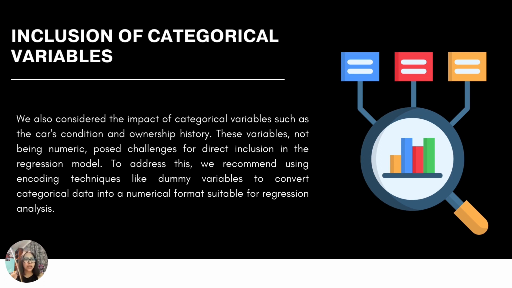But as the model we were using required numeric variables, we recommended using an encoding technique such as dummy variables to convert categorical variables into numerical variables so they better suit the regression analysis.